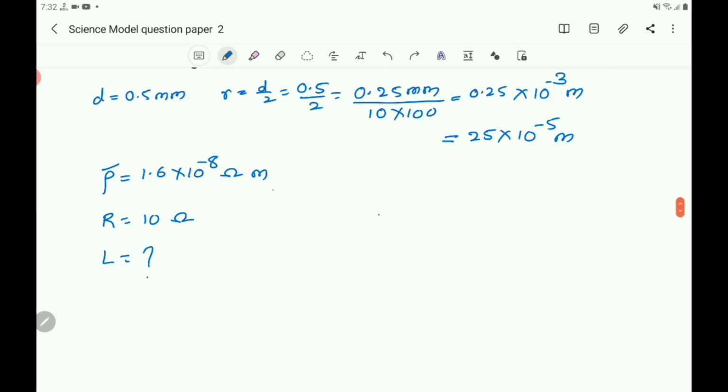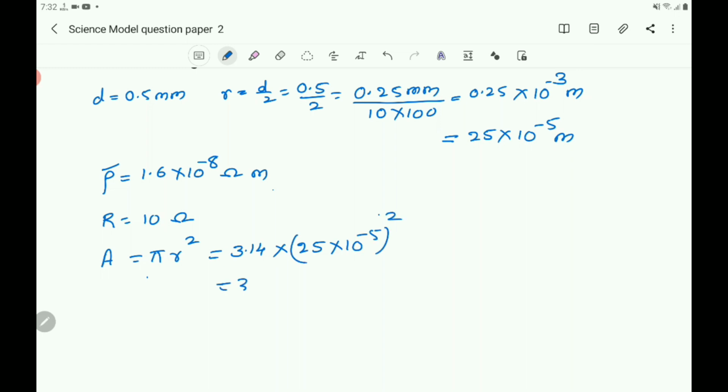Before writing L, you write the area of the cross section, A equals pi r square. Pi you take 3.14 into r square, that is 25 into 10 power minus 5 whole square.